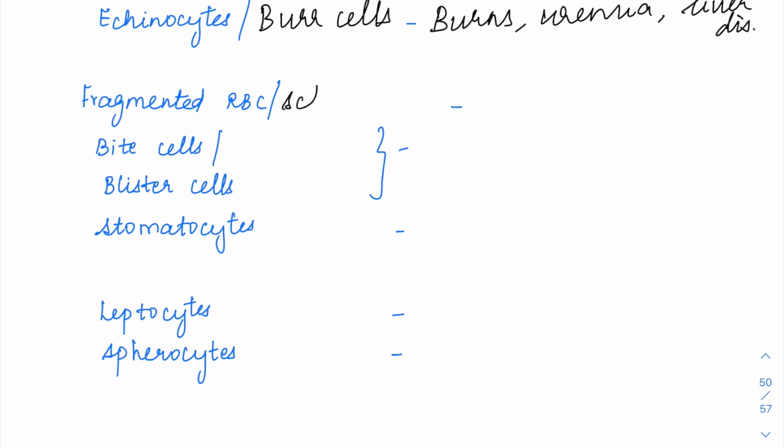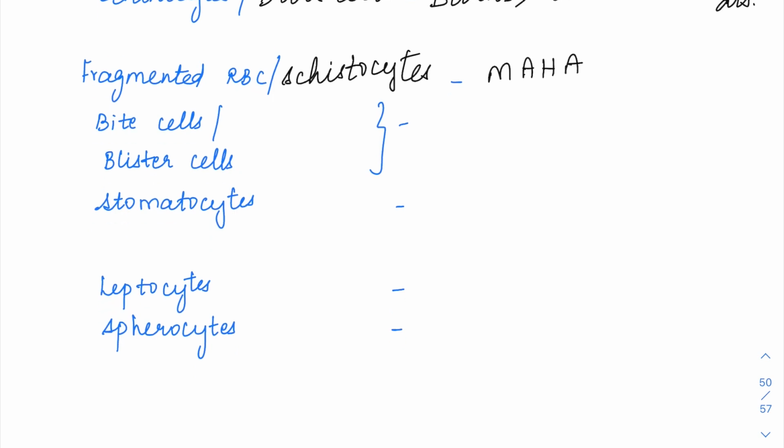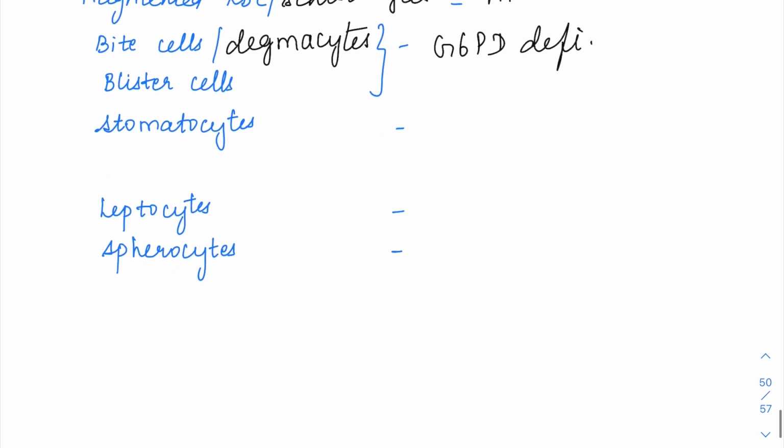So fragmented RBCs are the helmet-shaped or the triangle-shaped RBCs called as schistocytes, seen in microangiopathic hemolytic anemias. Then bite cells are also called as degmacytes. Then blister cells, again, they had this intact membrane over it. Both of them are going to be seen in G6PD deficiency. Then stomatocytes were actually the slit-like pallor cells, right? So they are going to be seen in hereditary stomatocytosis, also with alcoholism.